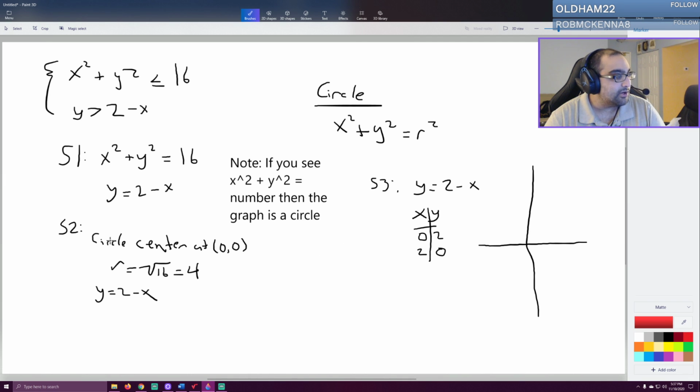The first one I'm going to put here is the circle, and the circle is going to be in red. Here's the question first: is the circle going to be a solid circle or a dotted circle? What do you guys think?